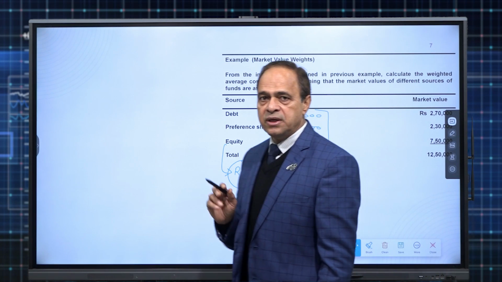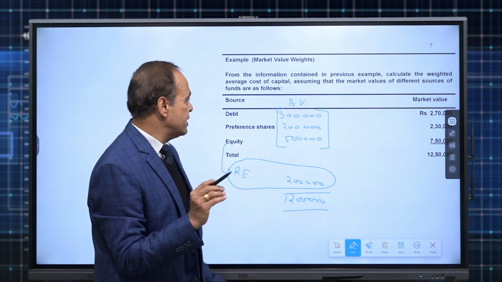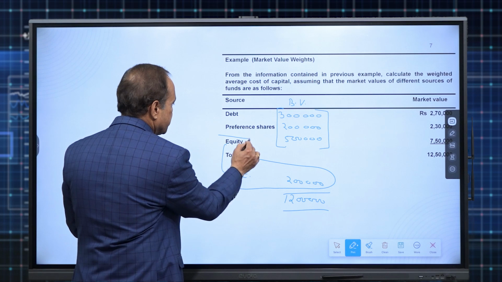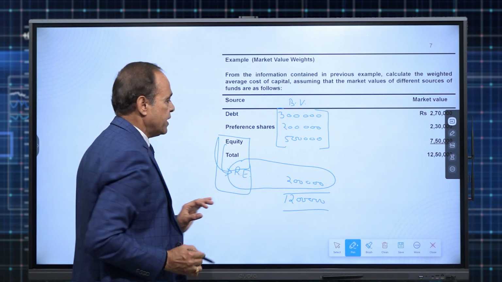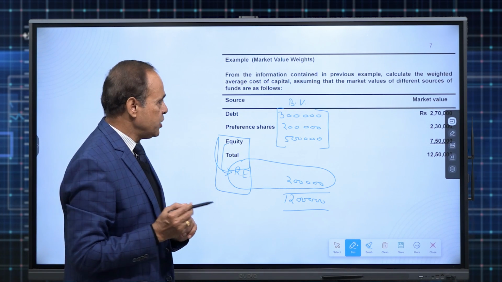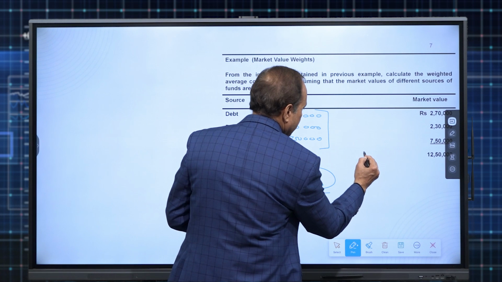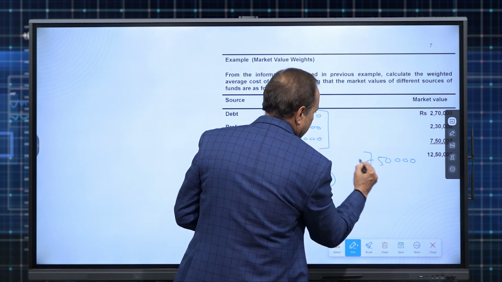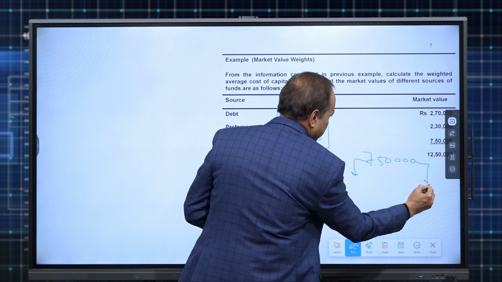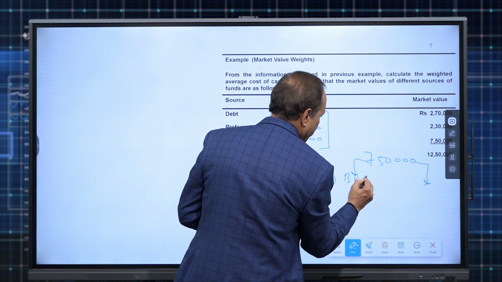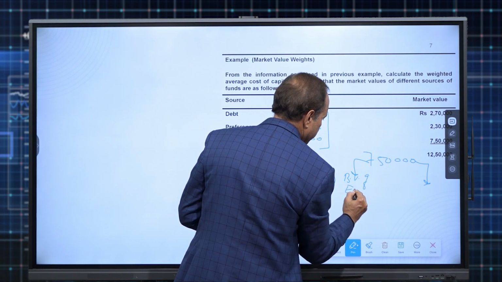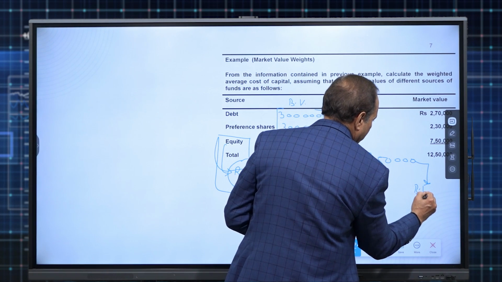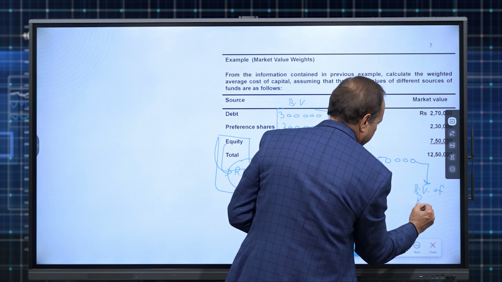However, whatever is the market value of equity, that is the collective representation of market value of both equity and retained earning. It means this 7,50,000 is jointly represented by book value of equity and book value of retained earning.